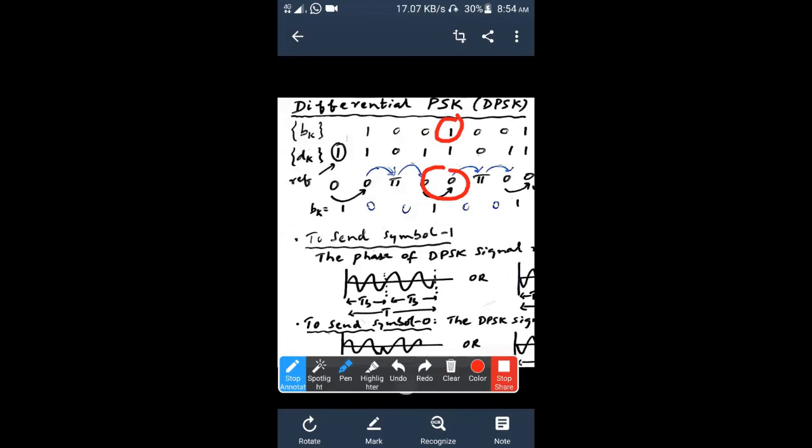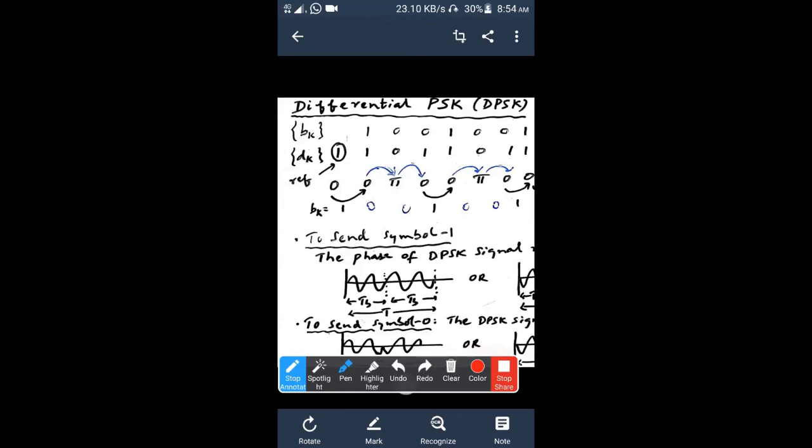So if you observe this relation between the phase shift and the input sequence, you will come to a conclusion. What is that conclusion? If you take one waveform for one period of TB and another waveform for the next TB, and observe the two waveforms over the 2 TB period, if the phases are the same, that means 0, 0 or pi, pi, both 180, 180 or both 0, 0, that time your message must be bit 1.